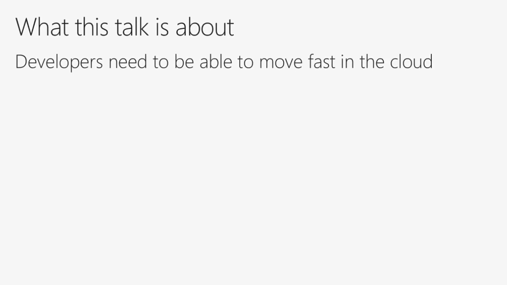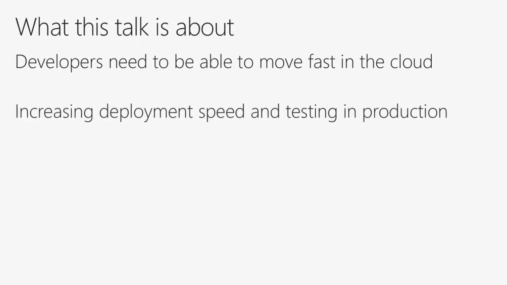So increasingly, as we're moving to the cloud, it's all about agility. Developers want to move faster and deploy faster, and because they're deploying faster, there's this idea of move fast and break things. Just get it up there, see what breaks, and then we'll fix it.